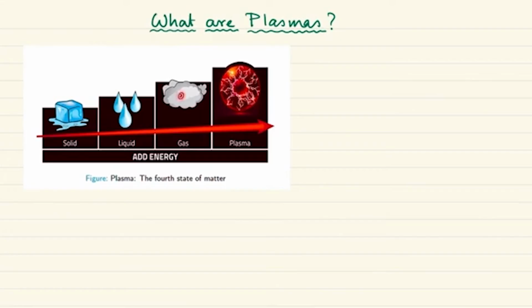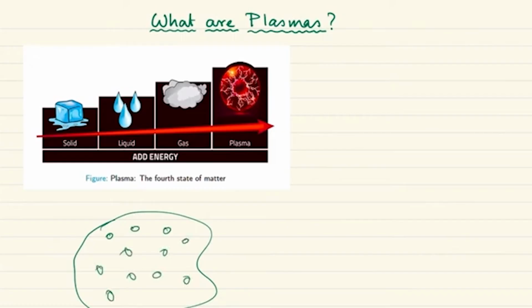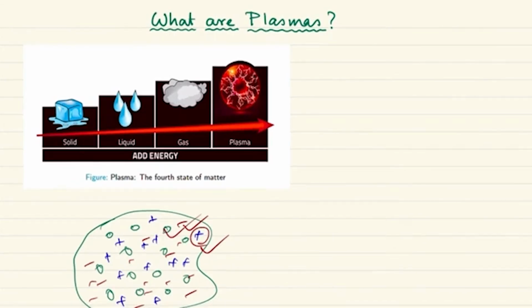The gas molecules or atoms will now get ionized, and the gas which was previously just an ensemble of neutral particles will now be a collection of some positive charges and some negative charges, that means the ions and the electrons.